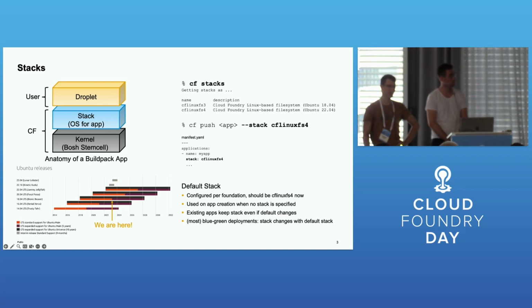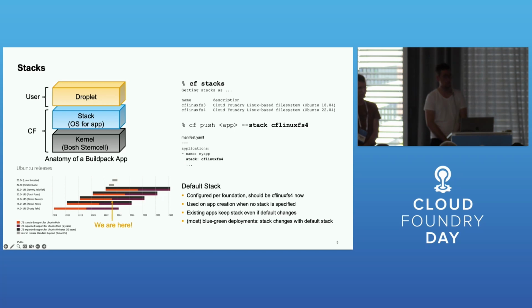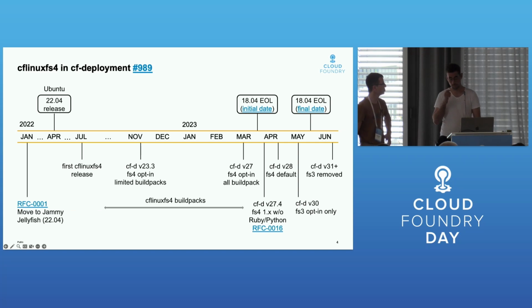That's a problem. There's one exception for this rule, as always. Most blue-green deployment procedures actually change the stack automatically when the default stack changes, which should have happened already, because a blue-green deployment means actually creating a new app and deleting the old one and switching over, which also leads to surprises that we will see very soon.